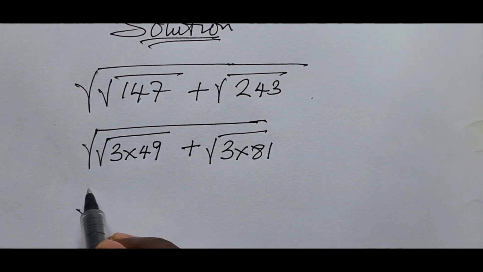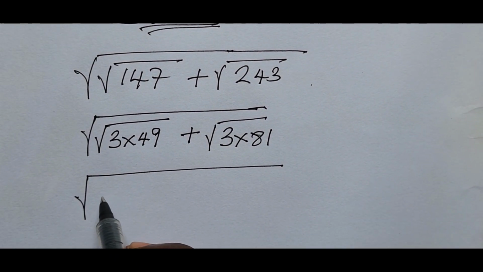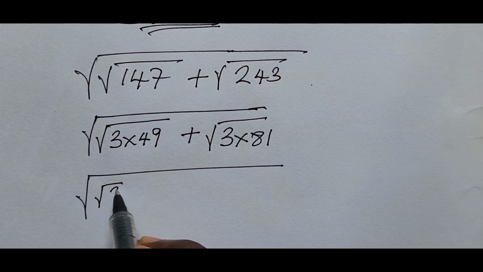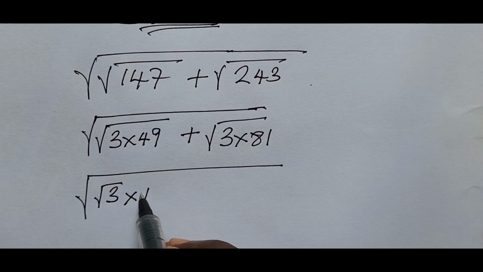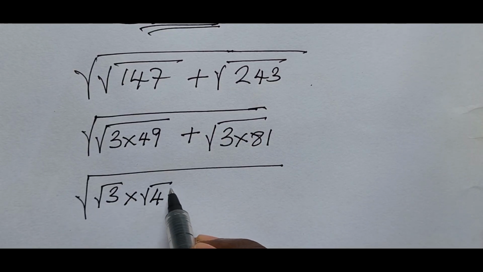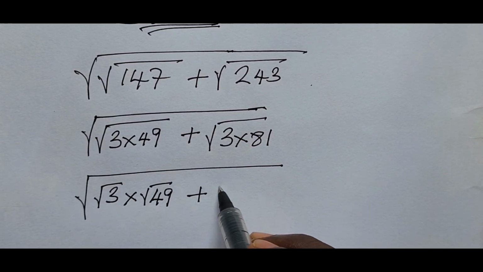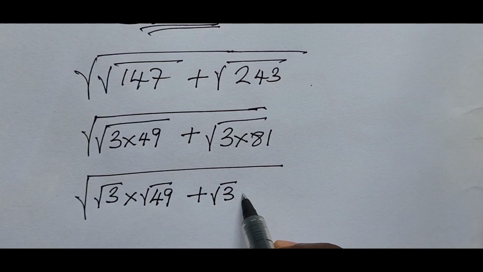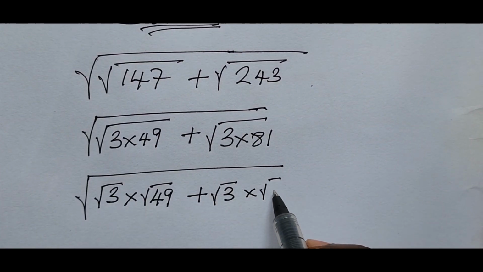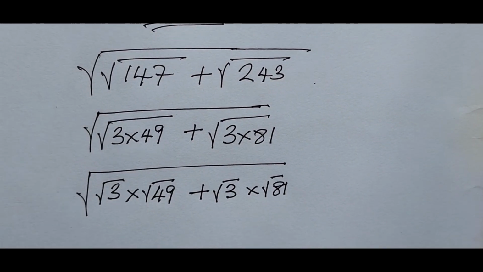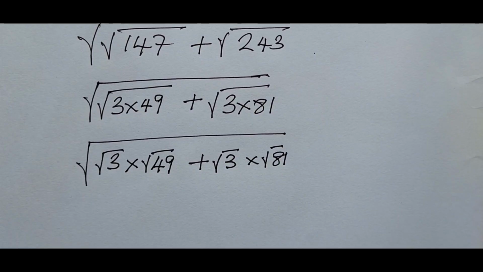Here we have our major square roots. So we're going to have the square root of 3 times the square root of 49, then plus, we do the same here, the square root of 3 times the square root of 81. Now the next thing we do is simple, easy.